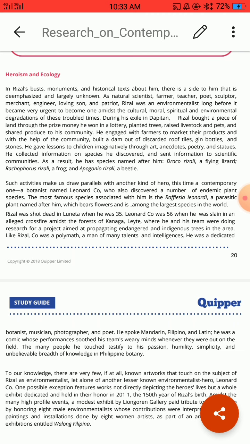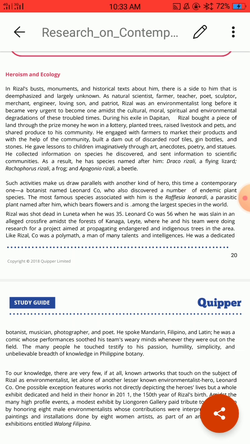Also, Rizal was an environmentalist long before it became very urgent to become one amidst the cultural, moral, spiritual, and environmental degradations of these troubled times.